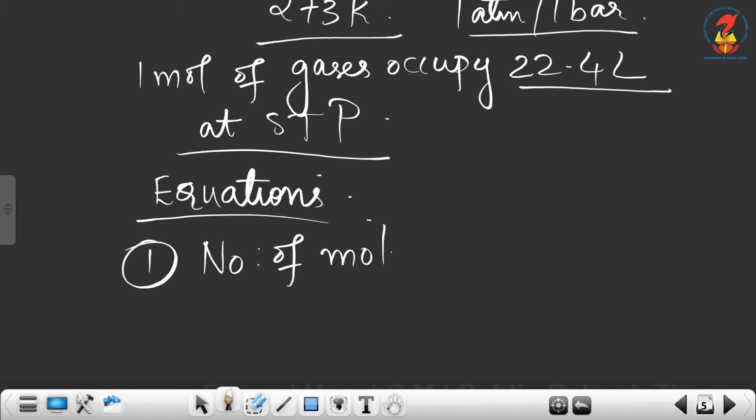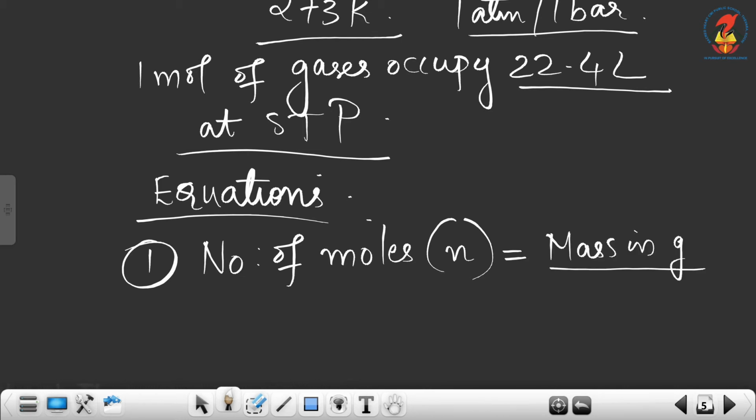Number of moles, denoted by small n, is equal to mass in gram divided by the molar mass or atomic mass.